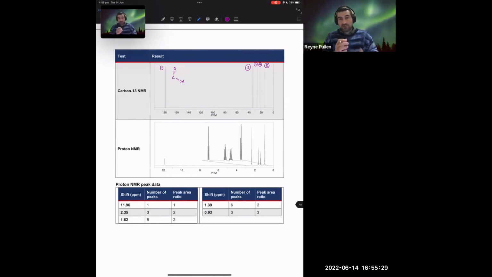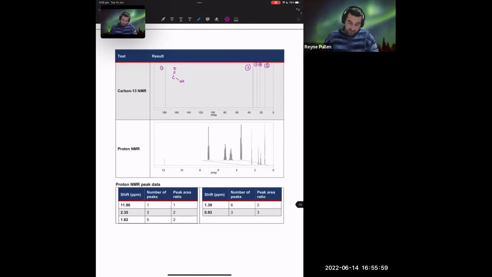The carboxylic acid is pulling electron density away from that first carbon, and there's a flow-on effect that weakens with each carbon you move away. We're going to have to look at more information to confirm that, but that's my first thought. We can also see that all the heights of these peaks are similar. In a carbon NMR, we can loosely compare heights to give us an idea of the ratio, and this would also support that idea.